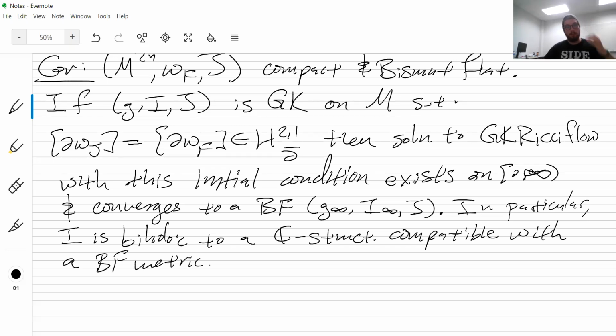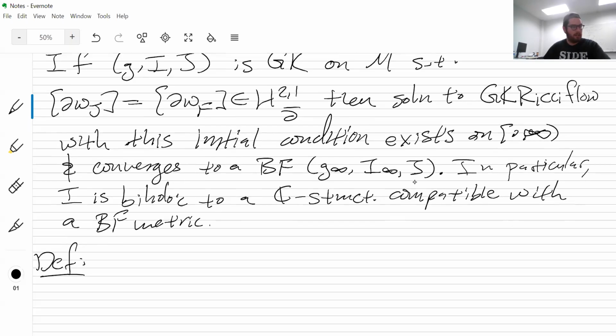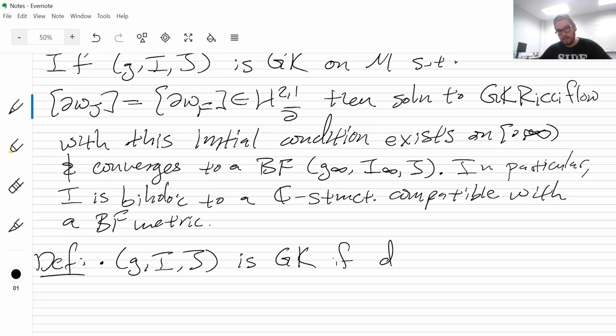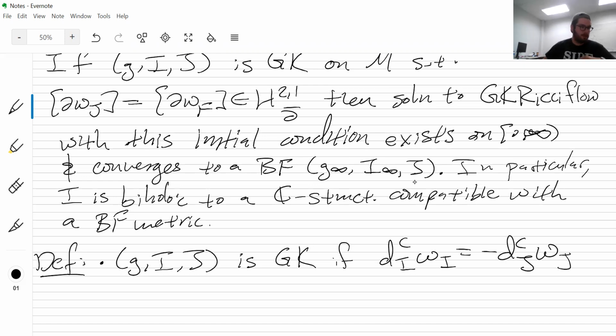I won't give the proof, but just a couple quick definitions. I figure everybody in here knows what a GK structure is, but just in case: (g, I, J) is called a generalized Kähler structure if d^c_I of the I Kähler form is minus d^c_J of the J Kähler form.